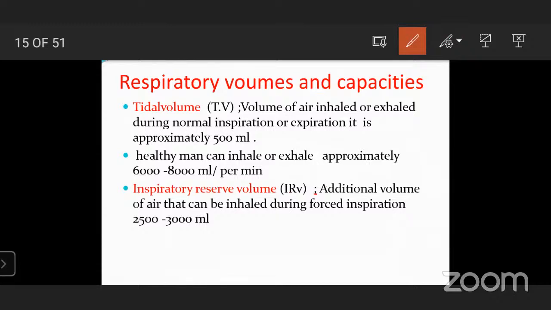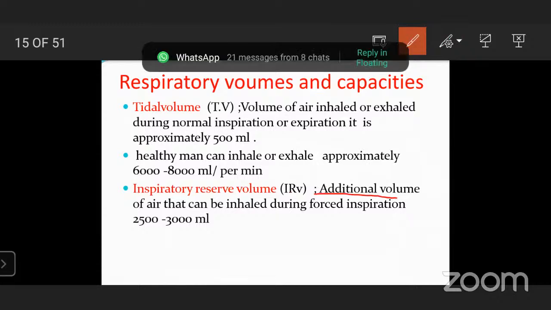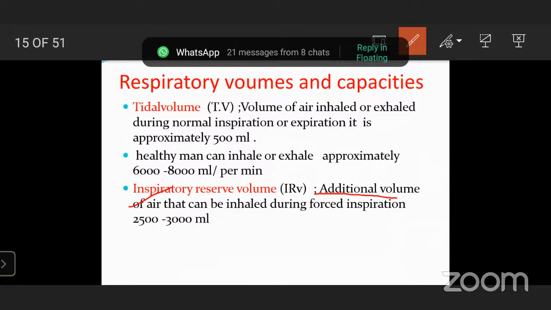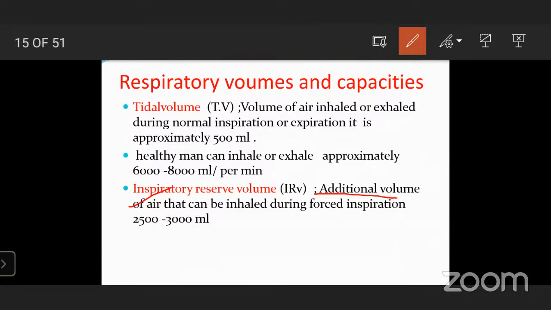Sir, here it is the additional volume of air that can be inhaled during forced inspiration. Inspiratory reserve volume, forced inspiration.